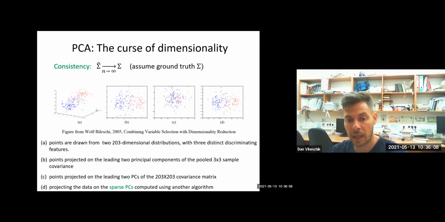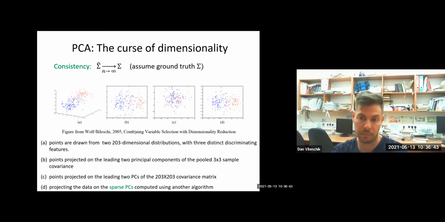What you see here are two 203-dimensional distributions, and they are identically distributed on 200 dimensions. So 200 features are identically distributed between the two distributions, and 3 features have a different distribution. Here you see a plot of the 200 points on those 3 features. These 3 features separate the 2 distributions, but the trick is that we don't know the 3 features.